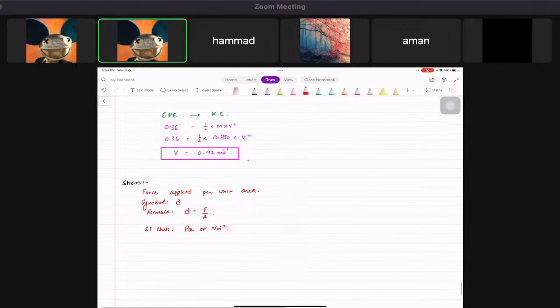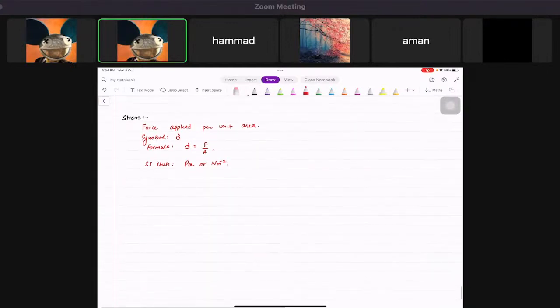Now, there could be two types of stress. Number one, suppose there's a material like this, maybe a cylinder, and you're applying a force on the cylinder on either side like that. Because the cylinder is going to extend, we would call this sort of force or stress tensile stress.